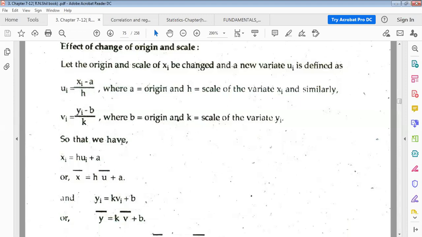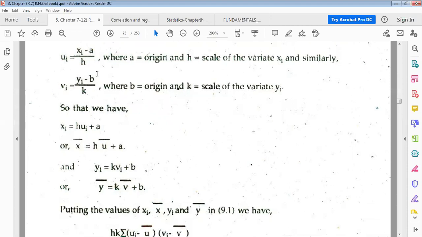So that we have xi, by cross multiplication, xi equals h ui plus a, and if we take the mean, x bar equals h into u bar plus a. Similarly, for the y variables, we get yi equals k vi plus b by cross multiplication.